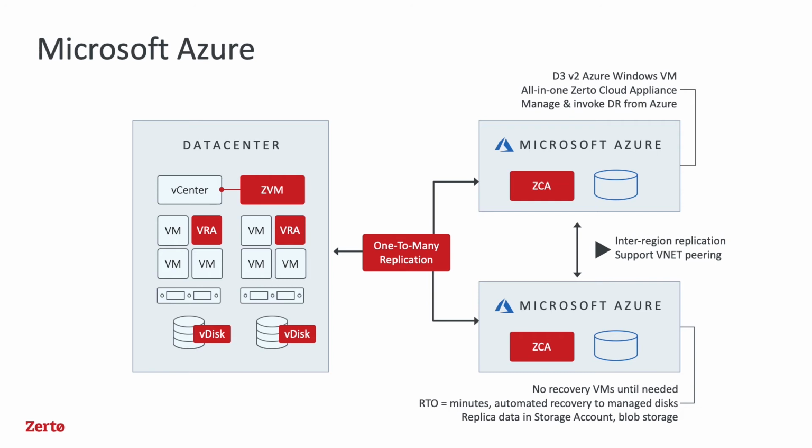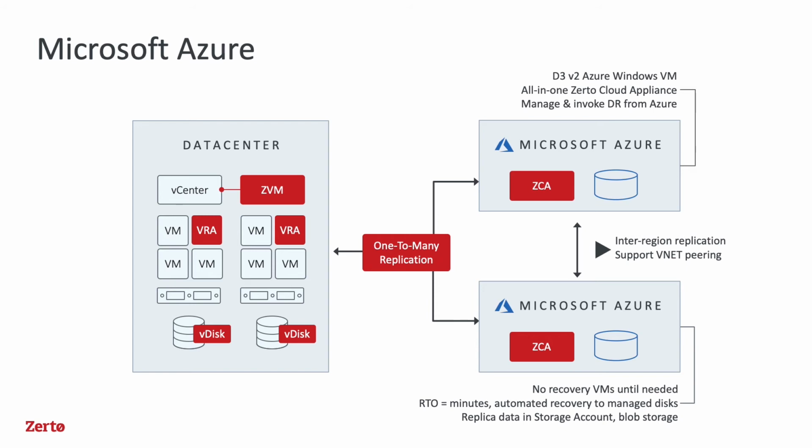Now, all that does is use Azure blob storage. The replica disks are stored in page blobs. The journal data is stored in block blobs, and it requires a VPN or ExpressRoute for connectivity. But that's it. It's as simple as using a secondary site to replicate. There are no barriers with Zerto and you being able to transfer or to migrate your workloads and DR operations to the cloud. But it doesn't stop with Azure.